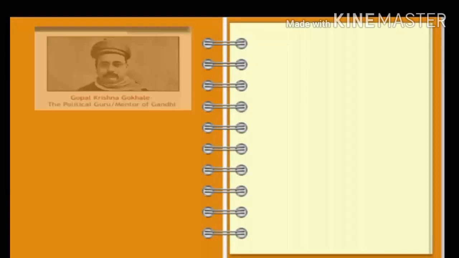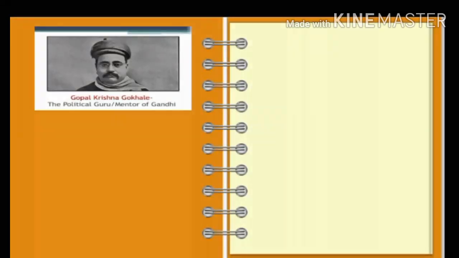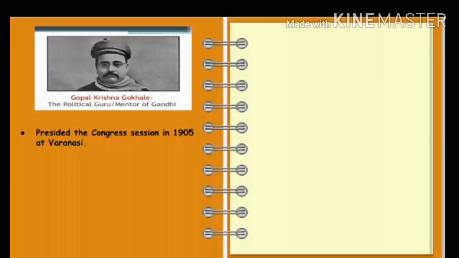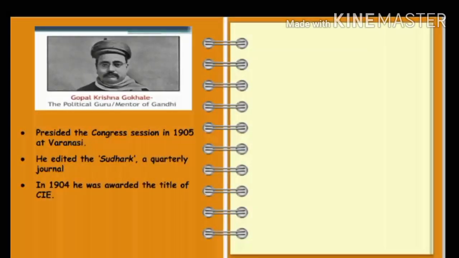Gopal Krishna Gokhale, also known as the political guru of Mahatma Gandhi, presided over the Congress session in 1905 at Varanasi. He edited the Sudharak, a quarterly journal. In 1904, he was awarded the title of CIE.